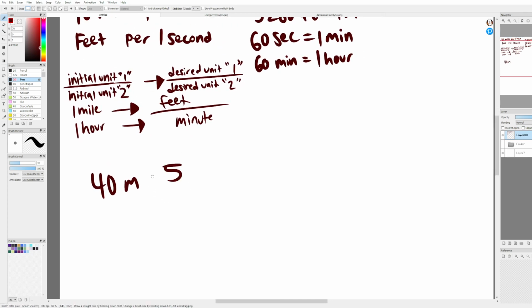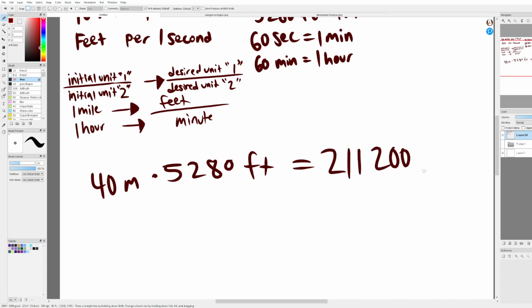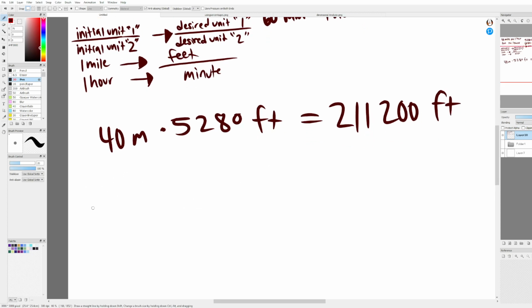So there's 5,280 feet in 1 mile, and then that will give us 211,200, and then that will be in feet. And then we'll deal with the initial unit 2 to the desired unit 2, which is 1 hour. There's 60 feet.